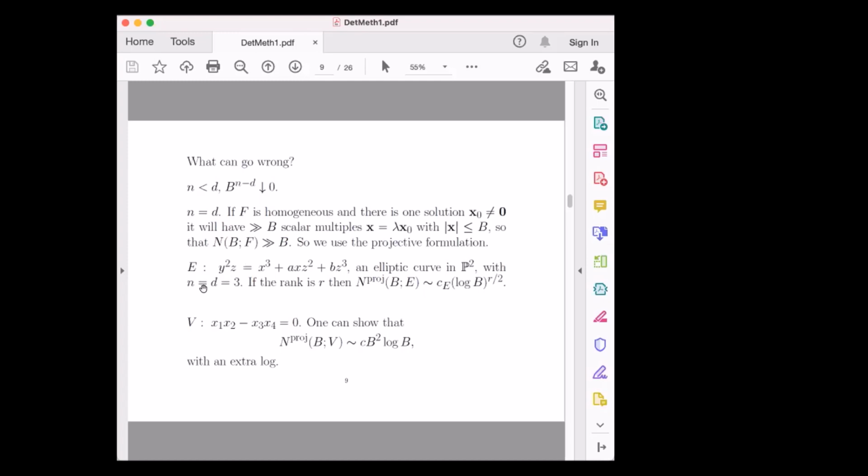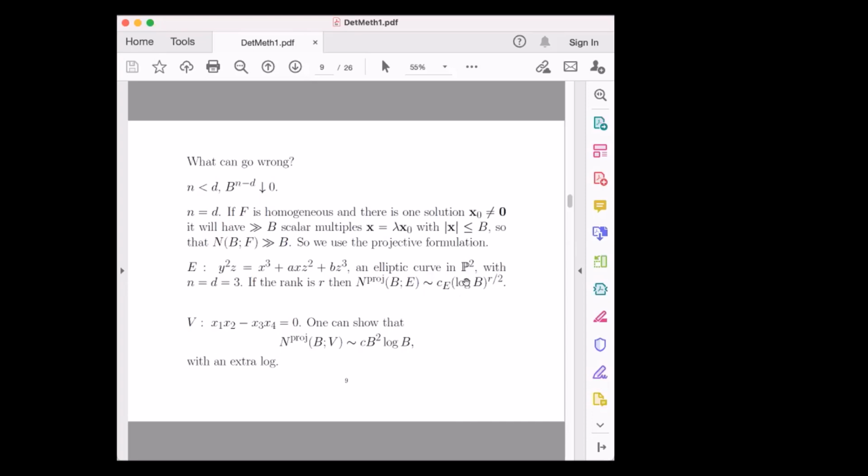Here's an example with n equals d equals 3. It's the equation for an elliptic curve in projective 2 space. Now, in this case, if we count the number of projective points at height at most b, this will grow like a constant times a power of log b to the r over 2, where r is the rank of the curve.